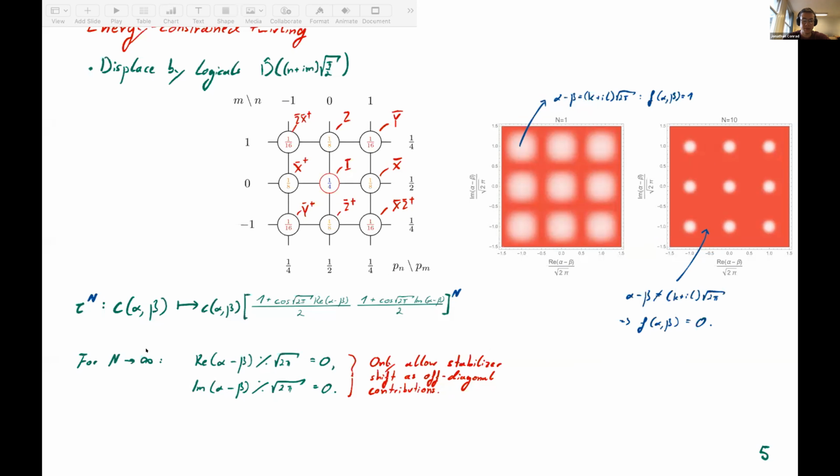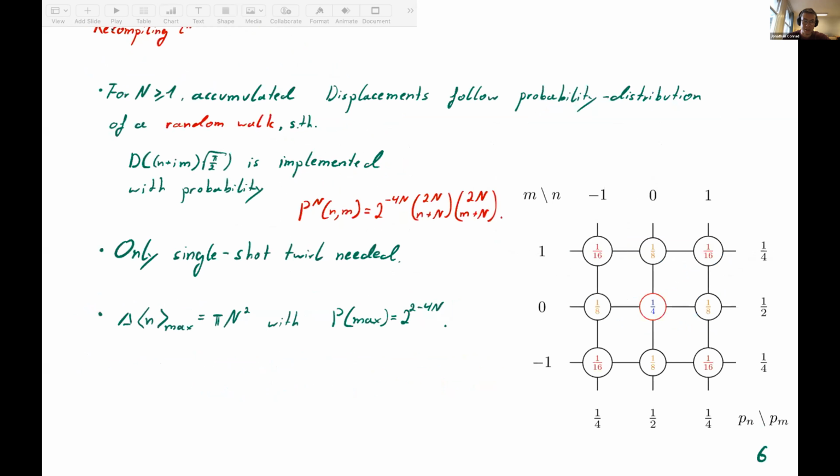Okay, so this thing with the n is a very nice trick, but certainly in experiments, you don't really want to repeat this twirl over and over again. What I show on this slide is that you also don't need to, because one thing you can do is interpret the single step twirl as a single step of a random walk, where your random walk happens on the displacement lattice.